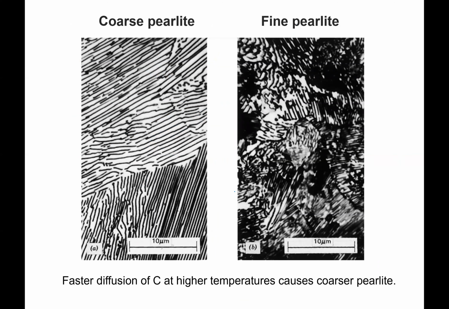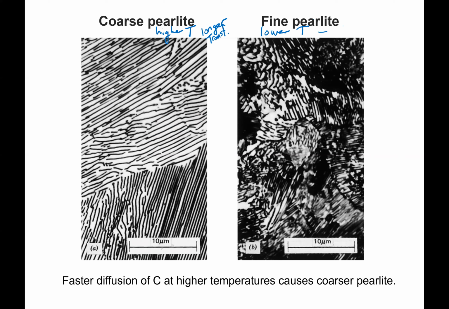There's a little more information we could pull out of this. If we were to do a higher temperature transformation on that diagram versus a lower temperature, then the higher temperature one takes longer for the transformation, so it's a longer transformation time-wise.